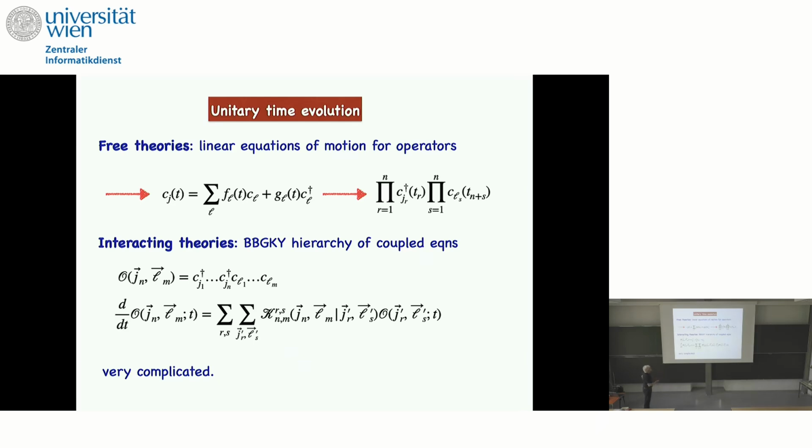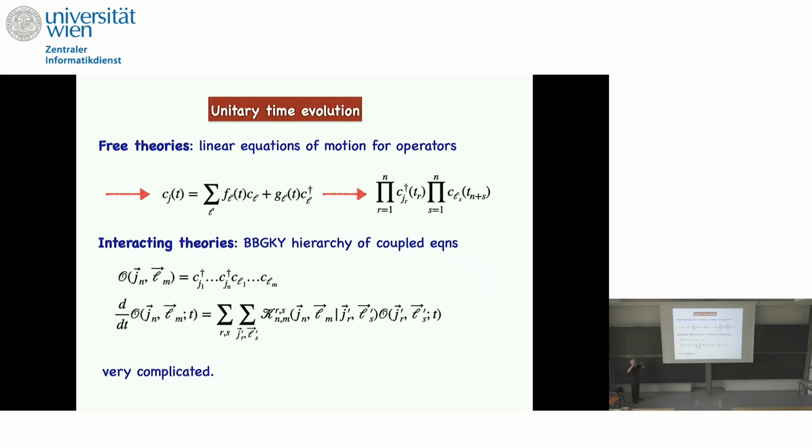Now, in interacting theories, also, as everybody knows, it's infinitely more complicated because if you write the Heisenberg equations of motion for operators, let's say a string of C daggers and Cs, then on the right-hand side of the Heisenberg equation of motion, you have the commutator of the Hamiltonian with the operator, and then you generate operators involving more of these Cs and C daggers.